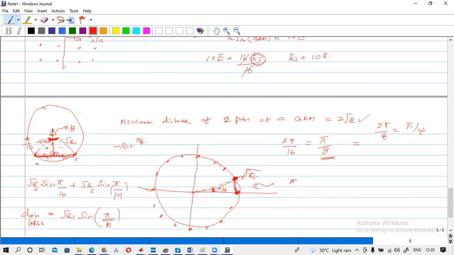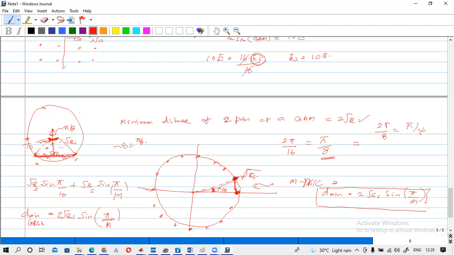For M-ary PSK, we can say that the minimum distance between two adjacent points should be 2 root Es sine π by M, because here root Es plus root Es. Are you clear with this? So this is a common value actually.